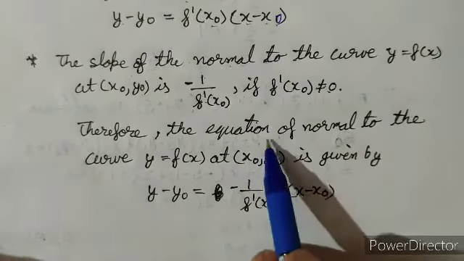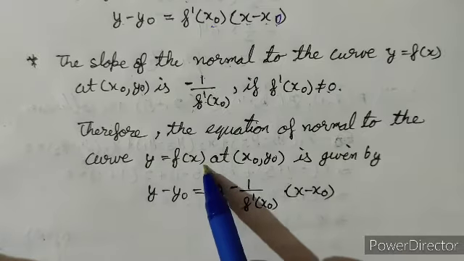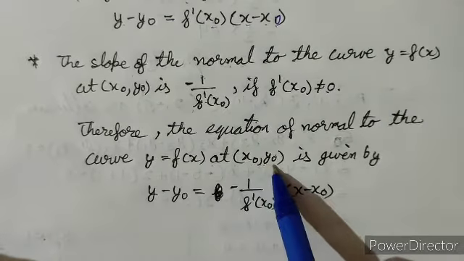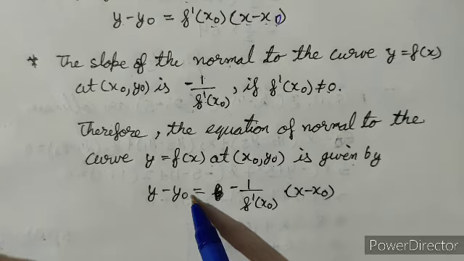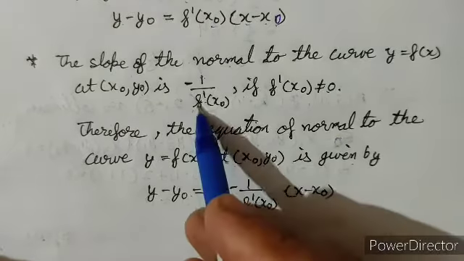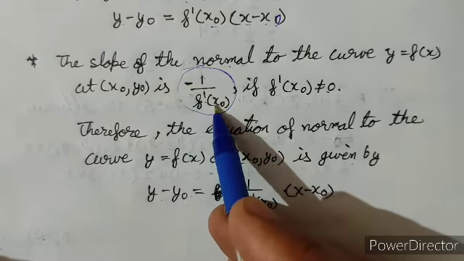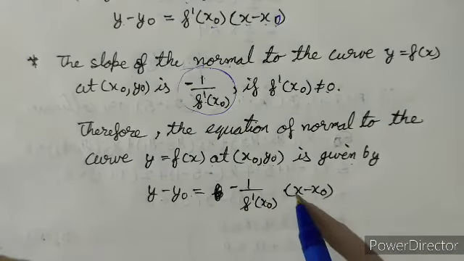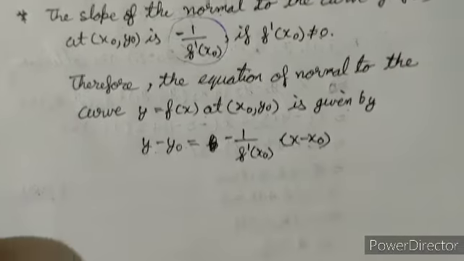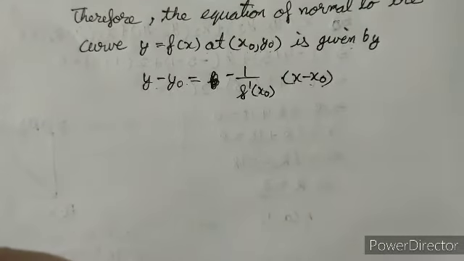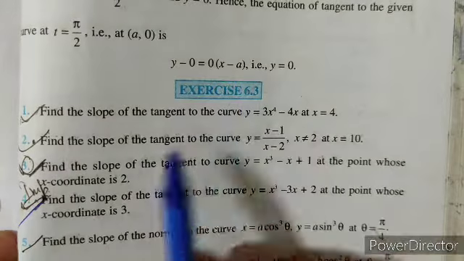Therefore, the equation of the normal at (x0, y0) is y - y0 = m(x - x0), and in place of m we put the slope of the normal, that is -1/f'(x0). Now come to exercise 6.3.